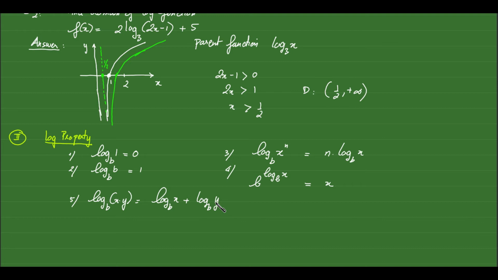Number 6, if you have log base b of x over y, then it's equal to log base b of x minus log base b of y. So there are only 6 properties here, and I want you to memorize them, because they're going to help you evaluate and sketch log functions easily.